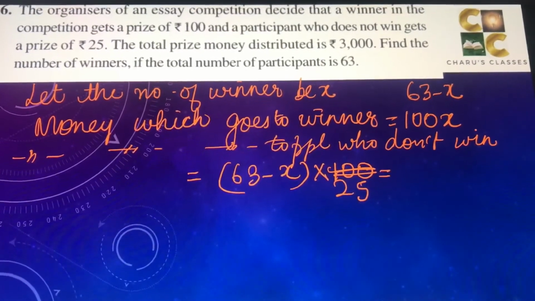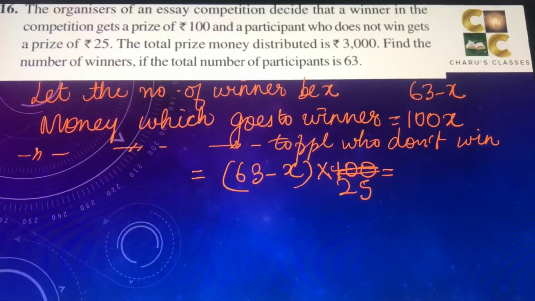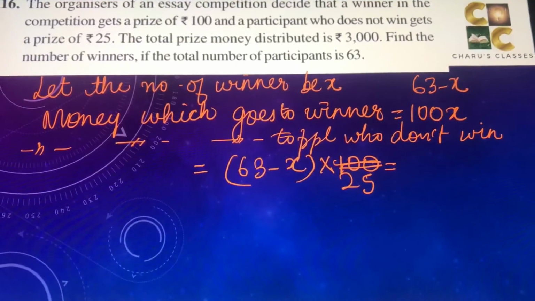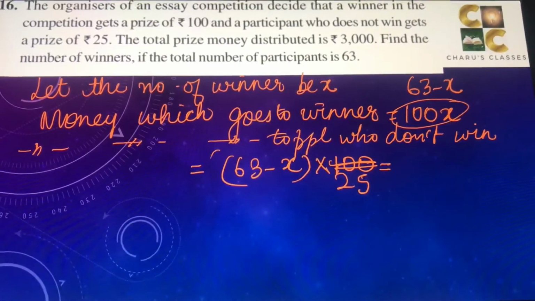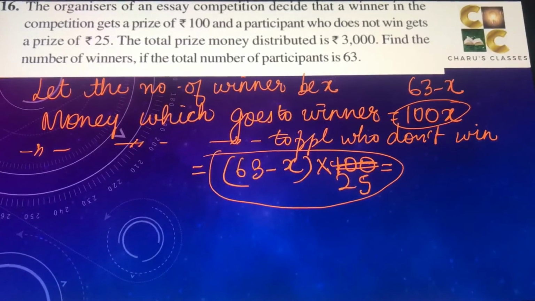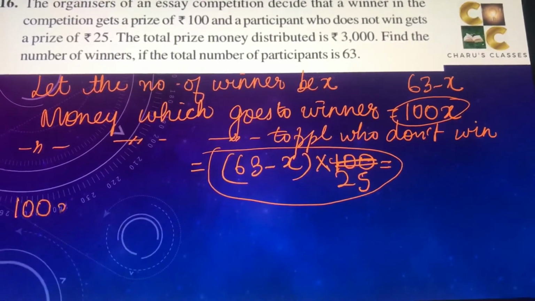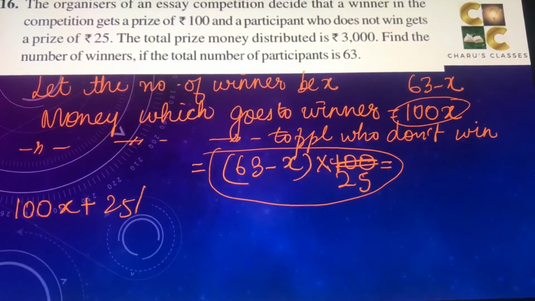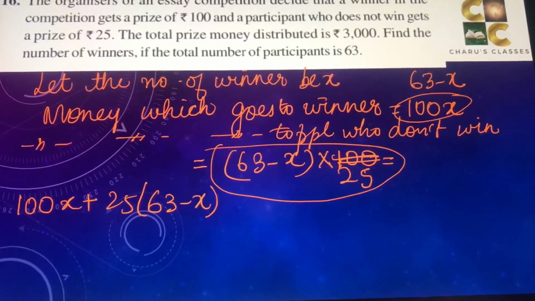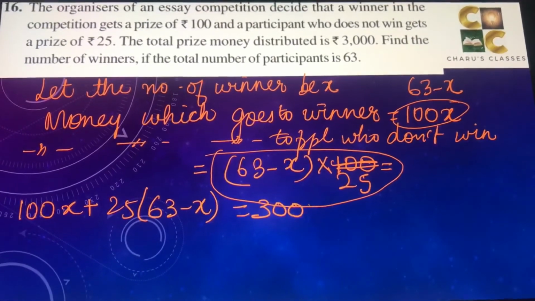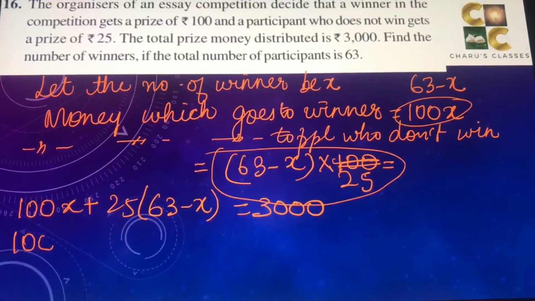Now the total money distributed is 3000. That means the sum of the two amounts is going to be 3000. So we have 100x plus 25 into 63 minus x is equal to 3000.